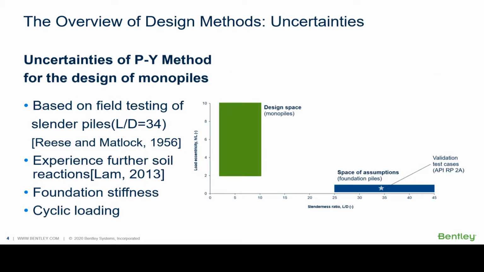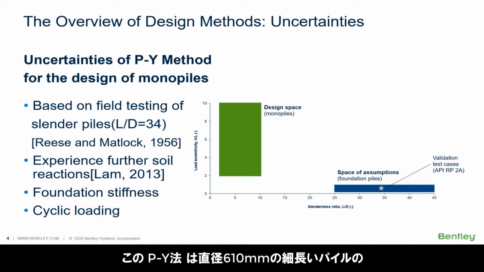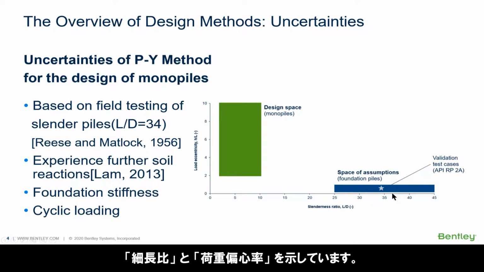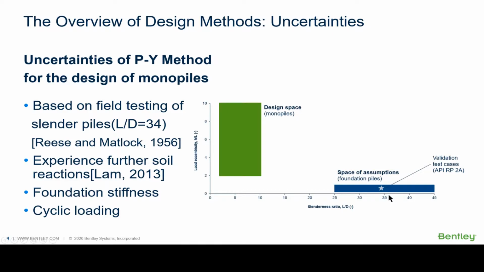First of all, the PY approach is based on test data of a long slender pile with a diameter around 610 millimeters, and a length to diameter ratio of 34. The chart here indicates the slenderness ratio and load eccentricity which API used.